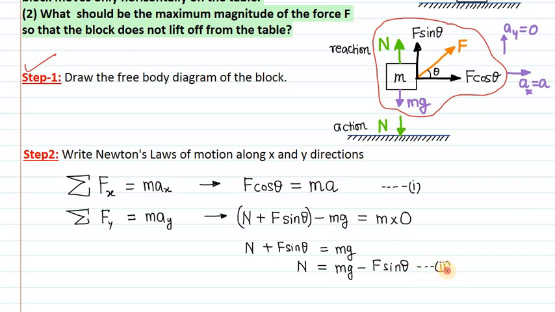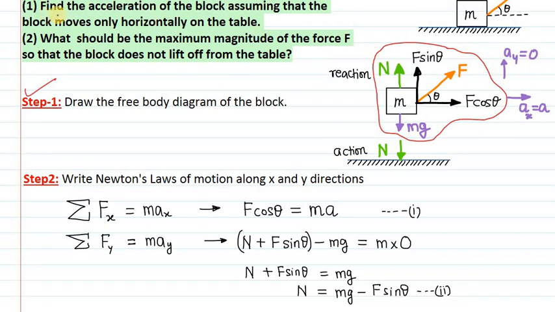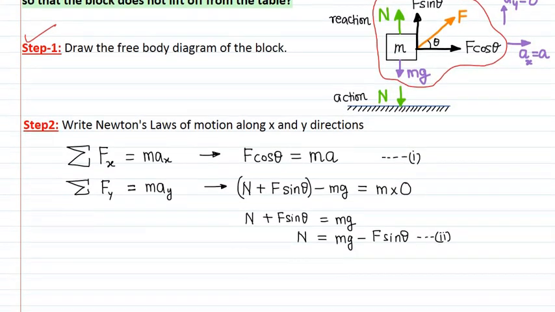Now the question asked two things. Firstly, find the acceleration of the block assuming the block moves only horizontally. So from this first equation itself, we get our answer that acceleration of the block is equal to F cos theta divided by m. This is the first answer. This is the acceleration of the block.